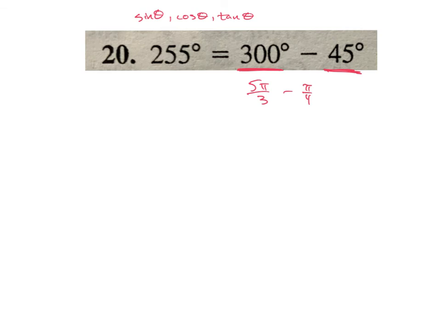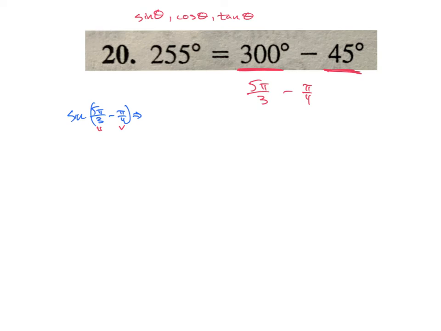All right. So we're going to find the sine of 5 pi over 3 minus pi over 4, which is basically saying the sine of 255 degrees. Well, which one would I be looking at? Un, deux, trois, or cat on my reference sheet? Trois. No, deux. I'm looking at deux. All right. So this is my u and this is my v. All right.